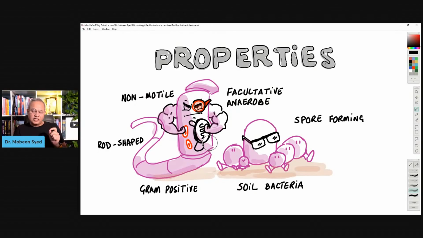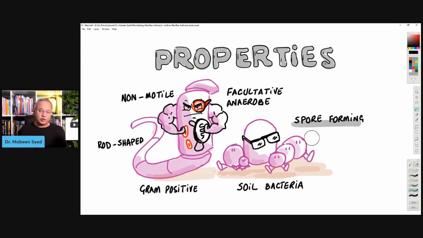And then facultative anaerobic means that it can be okay without oxygen as well. Anaerobic means without oxygen. Facultative is it can be. So if there is oxygen, it will be fine. If there is no oxygen, it can still grow as well. There are some pathogens that strictly want to grow in the non-oxygenated environment, and then there are some pathogens that would like to grow in the oxygenated environment. So this guy can straddle both sides.